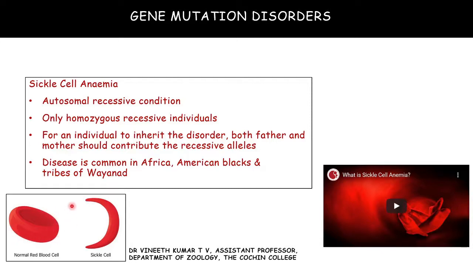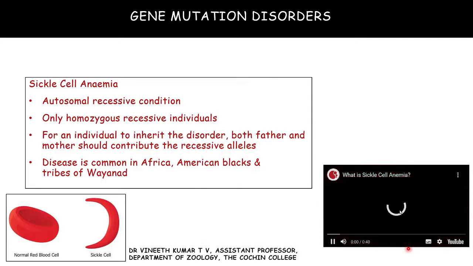As a result, the other RBCs, which also have a negative charge, repel each other and do not clump. But when the mutation occurs in the gene causing sickle cell anemia, the shape changes to a sickle. So we'll see this video about sickle cell anemia.